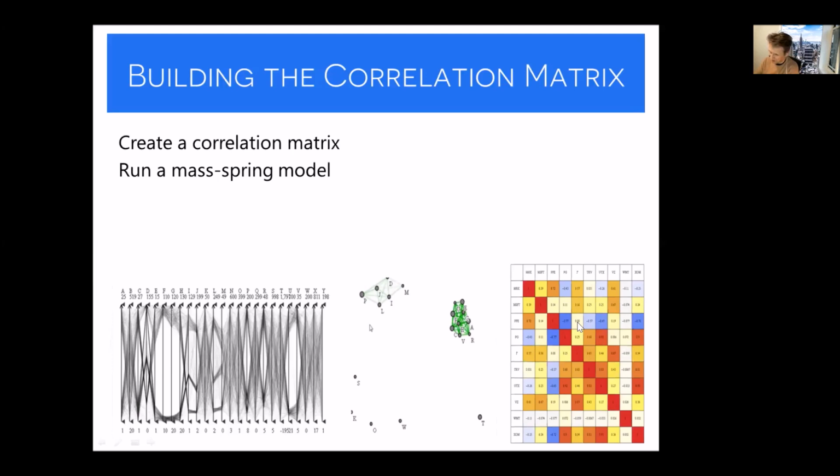Okay, so if a correlation is high, then I want to make that spring very small. And if the correlation is low, I want to make the spring very large. And I'm starting to optimize this until the mass spring system has low energy.